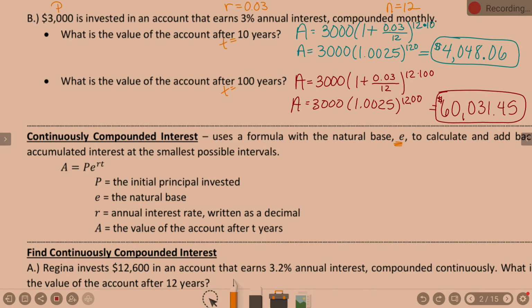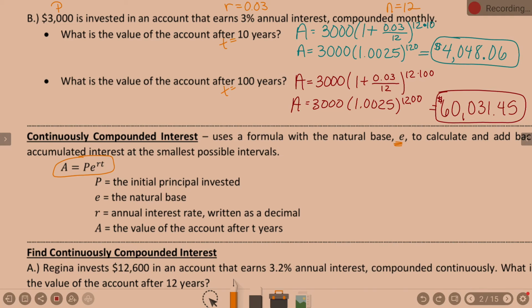Maybe it's every hour, maybe it's every minute, whatever their smallest possible interval is. Okay, so your formula. It's actually an easier formula than the last one, if you ask me, because I can plug this into my calculator all at once. A, being the value of the account after t years, equals P times e to the rt.